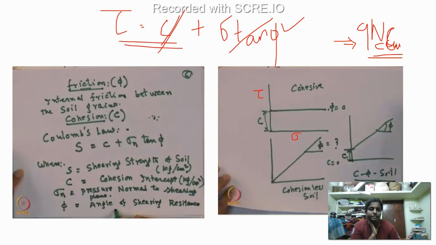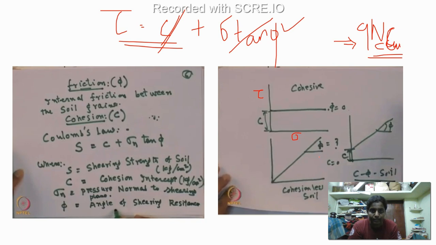Between normal stress and shear stress, when you have phi 0, you'll have only the cohesion, and when you have C 0, you'll have a line. The angle of that line gives you your angle of internal friction. So phi is the angle of internal friction, and C is cohesion.